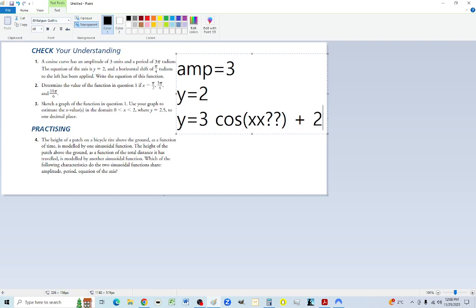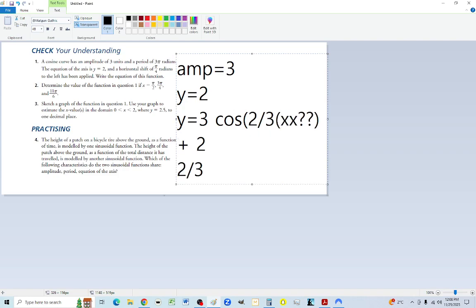So that's really important. Then it says we want a period of 3 pi. So we want to go from 2 pi to 3 pi, which means we're going to multiply by 3 pi and divide by 2 pi. But of course we have to do the reverse, which is 2 pi divided by 3 pi, which means the pi's disappear, which means that's what we should put in front of the x. Put the fraction 2/3.